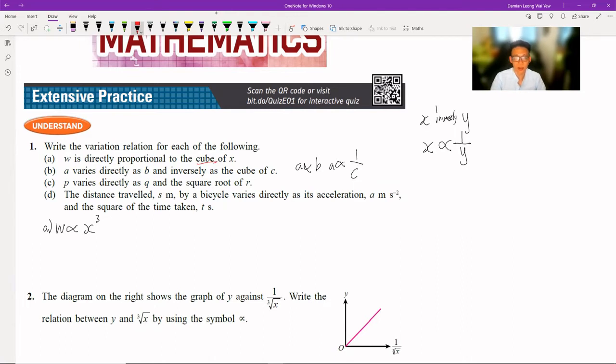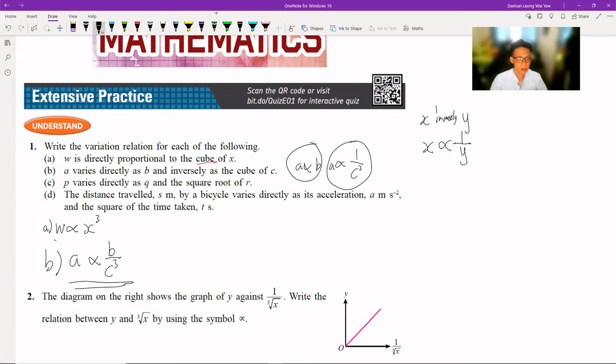Cube of C, so I have to cube the C. But instead of leaving it as two separate parts, I can combine them into one. The one that is directly goes on top, the one that is inversely goes at the bottom of the fraction. So for part B, it will end up like this: A varies with B over C cube.